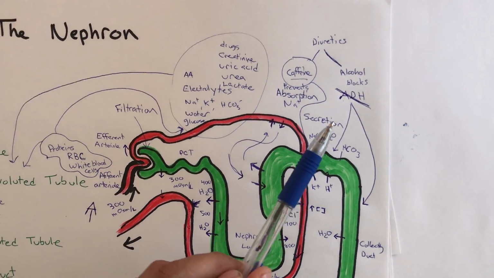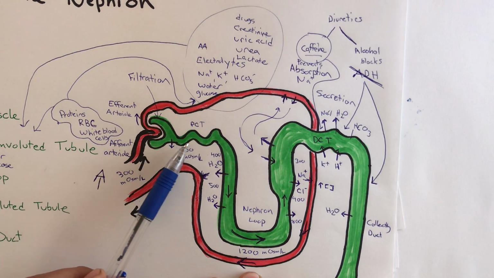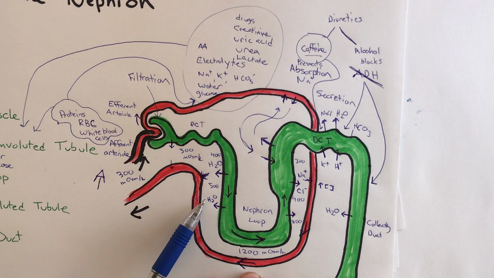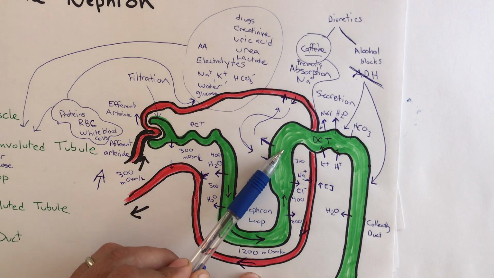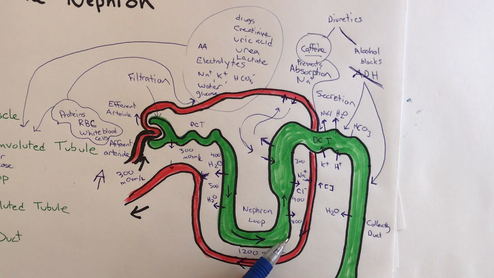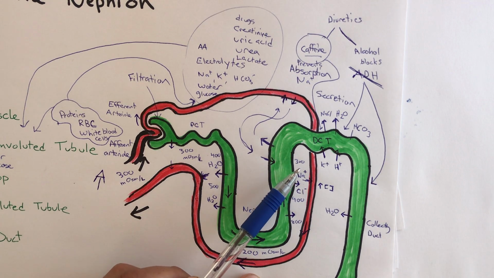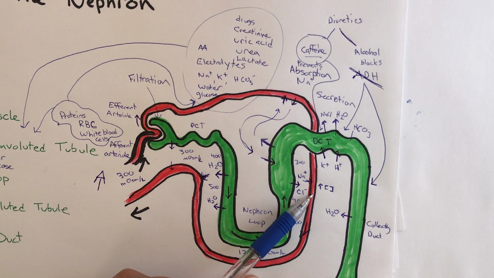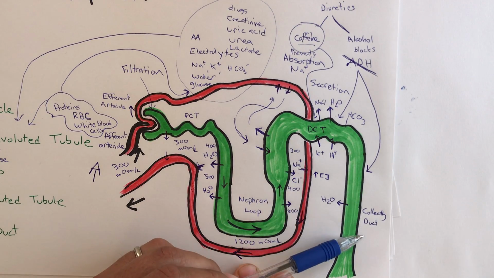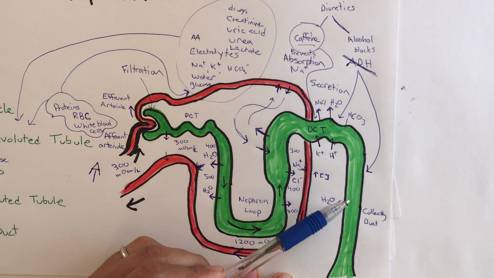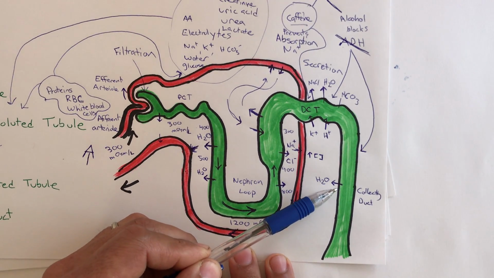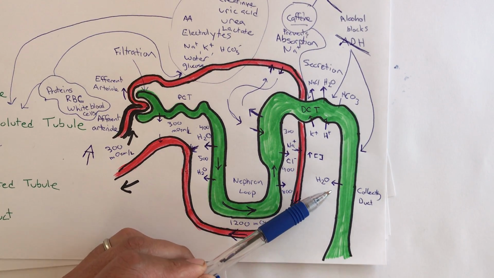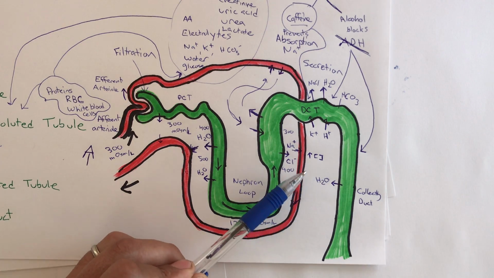And then don't forget how the concentration increases because water is exiting the tube, is being reabsorbed, and then the concentration decreases because sodium and chloride is now being reabsorbed into the bloodstream. And it's finally at the DCT and collecting duct where we have the last chance, that last 15% chance of water reabsorption.